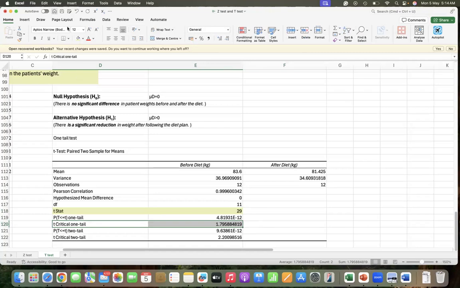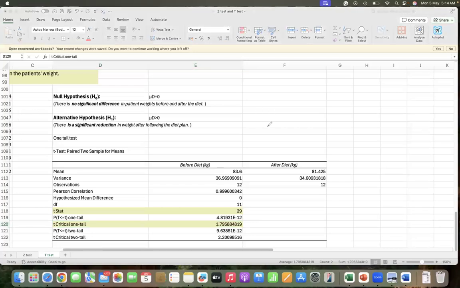वन टेल. Let me draw it for you again. How can we understand that? Critical value of one tail test is 1.79.